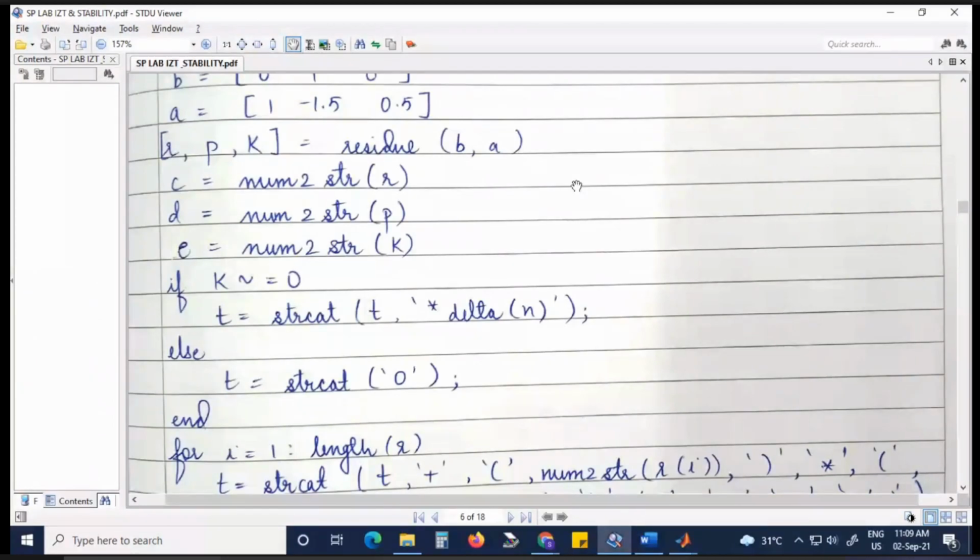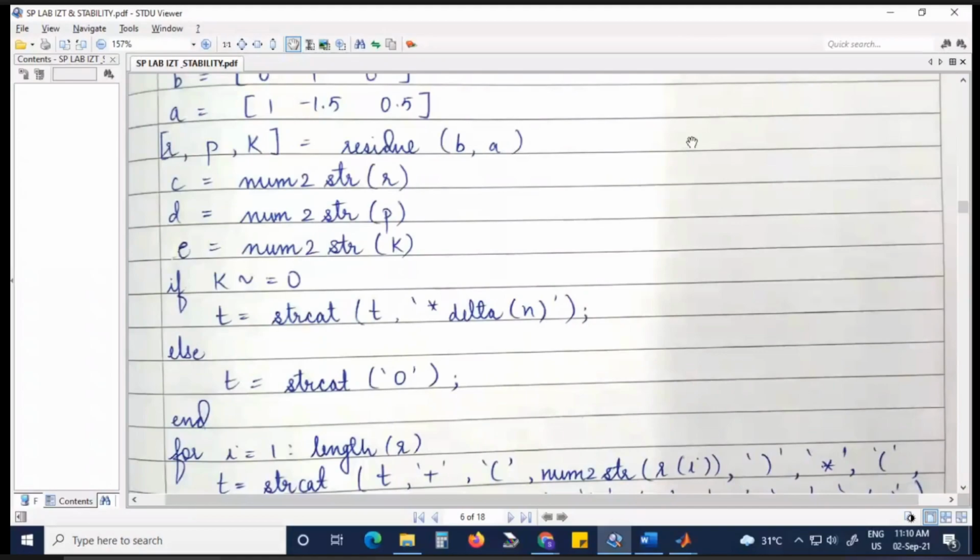So the coefficient is b for that term, and a is the root, the pole. So r is the coefficient once the residue is calculated.